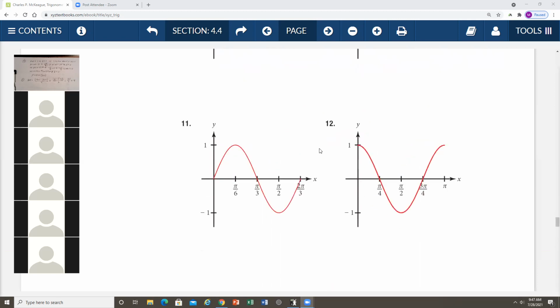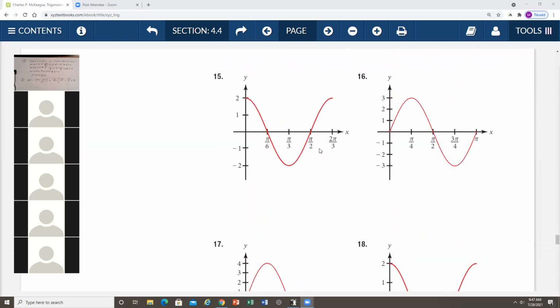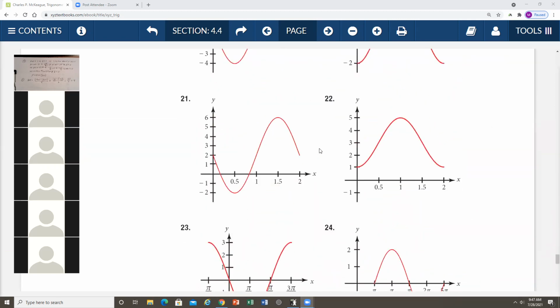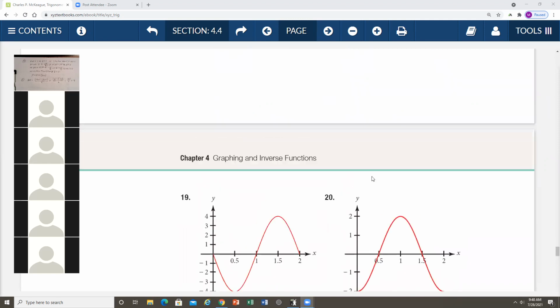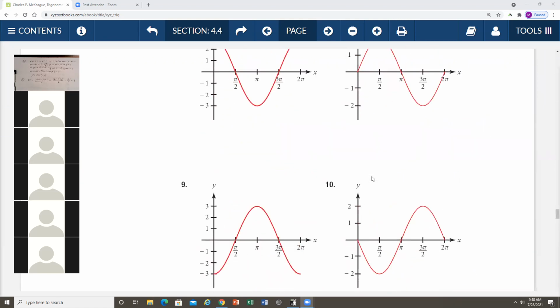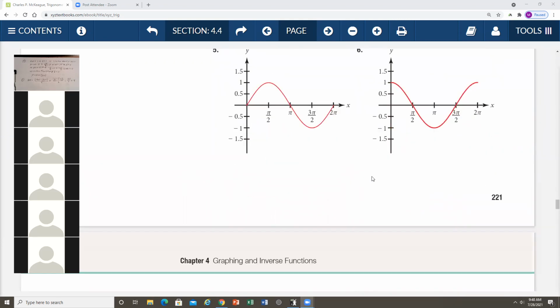Does this one start low and go towards its maximum point, or does it start low and go towards its minimum point? It starts here at x equals 0 at 2, but then goes not towards its maximum point, but towards its minimum point. Meaning the basic sine function has been flipped about the x-axis.